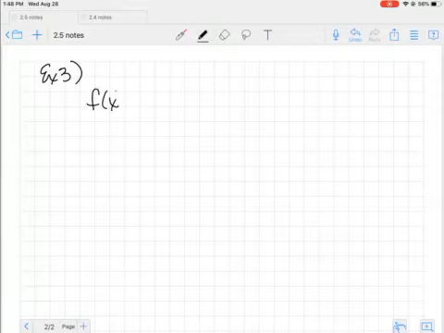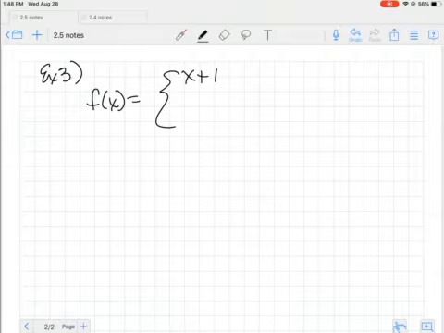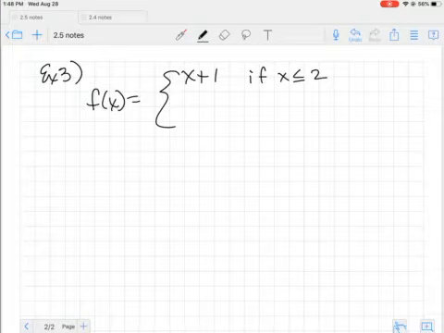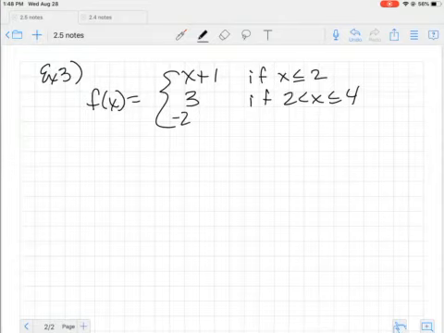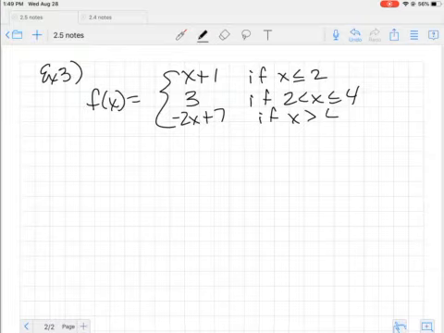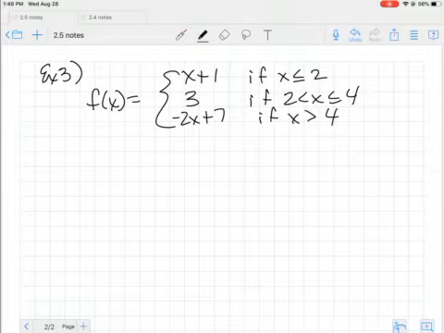F of x is equal to x plus 1 when, or if, x is less than or equal to 2; 3 if 2 is less than x, which is less than or equal to 4; or if I have -2x plus 7, if x is greater than 4. All right? So that's what I kind of want to look at with all those different pieces to it.